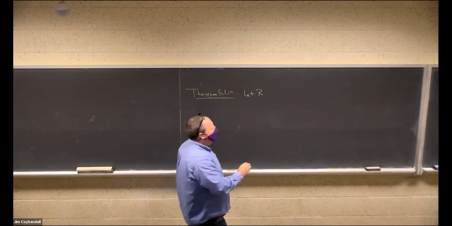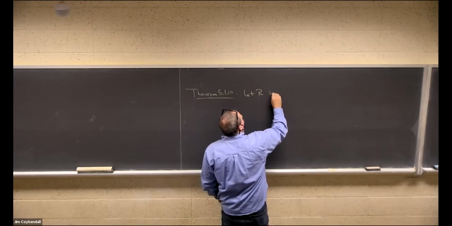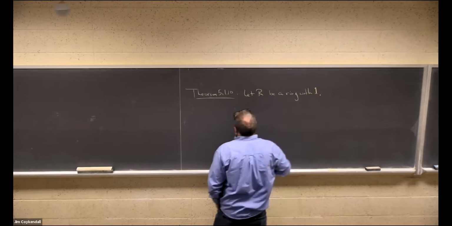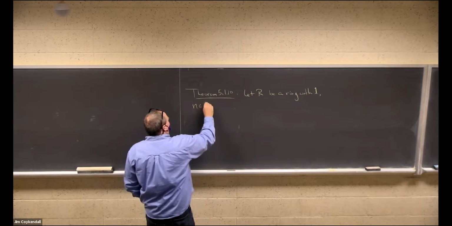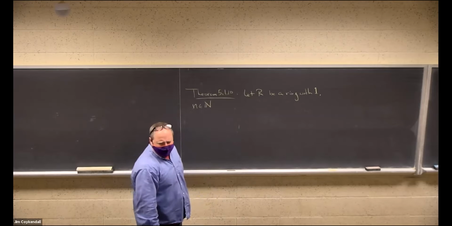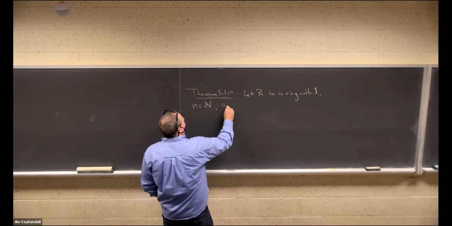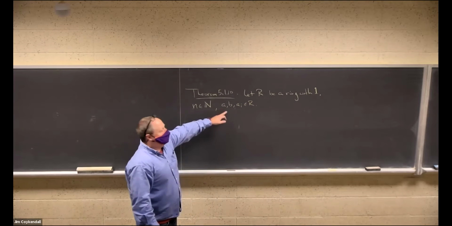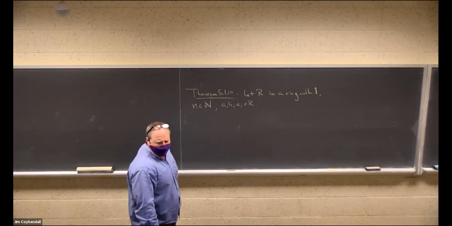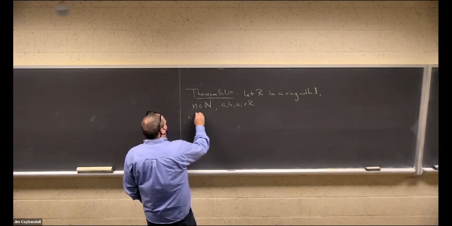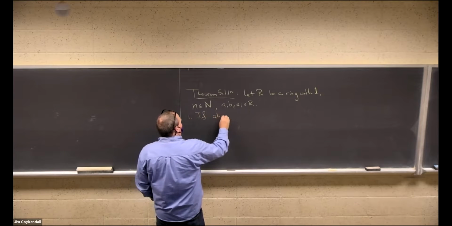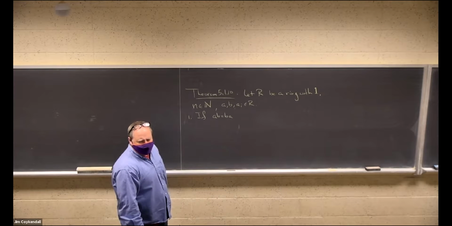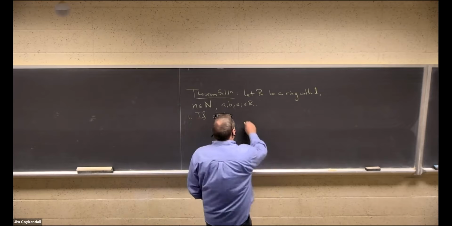Let R be a ring with identity. Let n be a natural number and a, b, a_i be elements of R. These symbols will denote elements of R. One, if ab equals ba, that is if a and b commute, then the following holds.